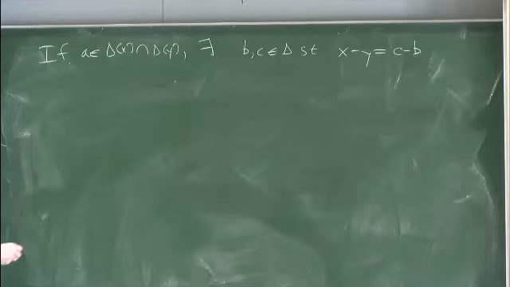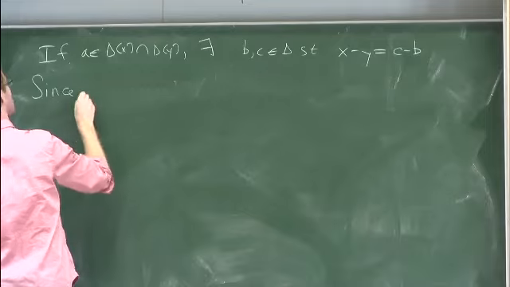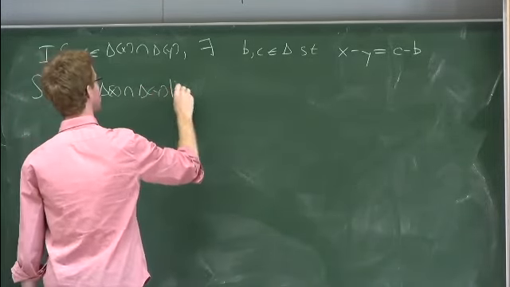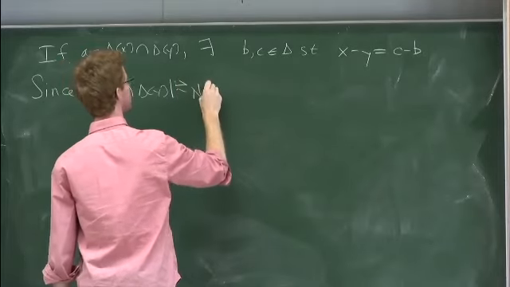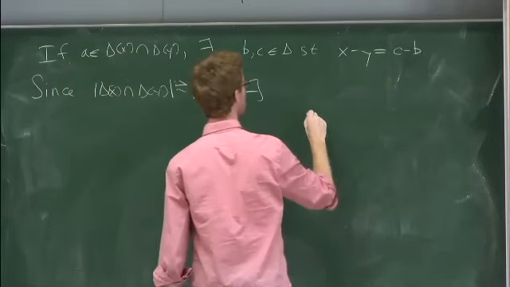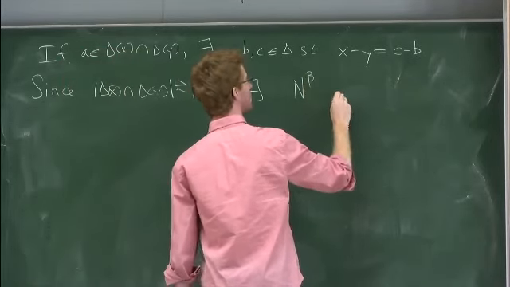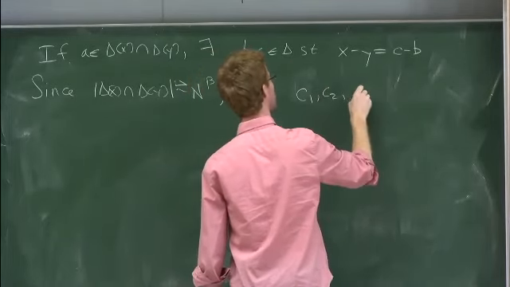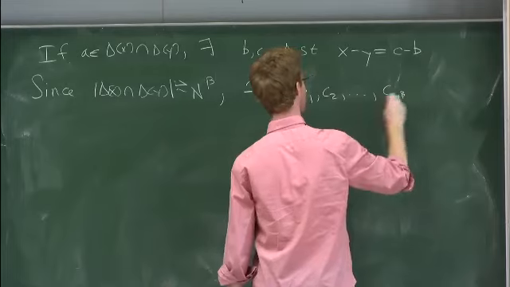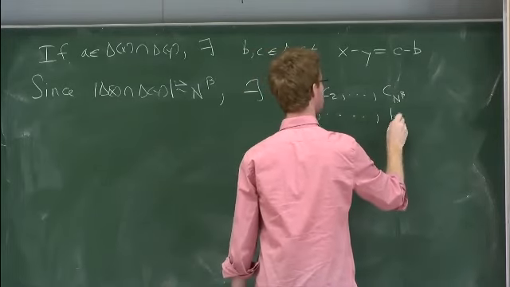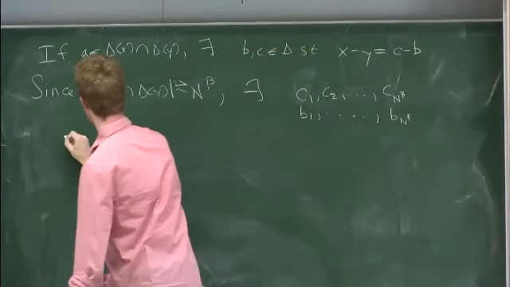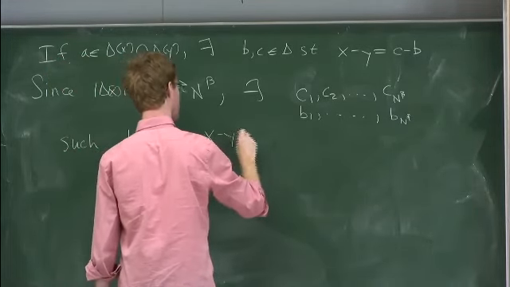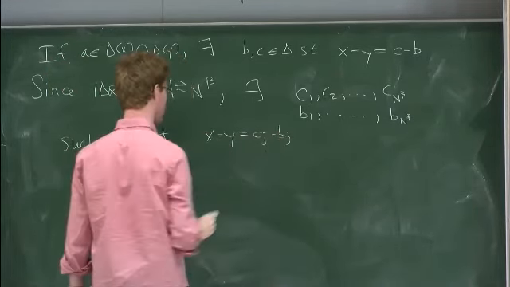So that means that there are lots of ways. There exists C1, C2, dot dot dot, C sub n to the beta, and B1, B2, dot dot dot, B sub n to the beta, such that x minus y is equal to Cj minus Bj.